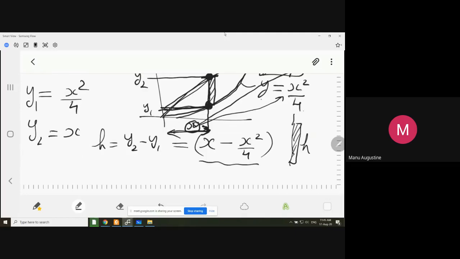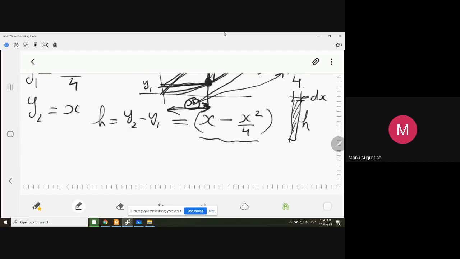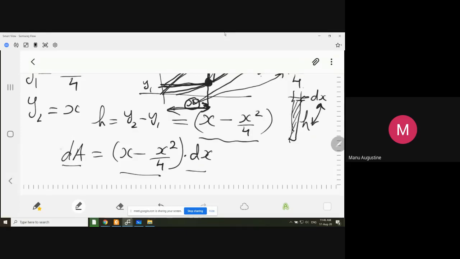The thickness is dx. So what is dA? Can I say that dA is height, which is x minus x squared by 4, multiplied by thickness, that is dx. H into dx. This is dA. So we have obtained the equation for dA.